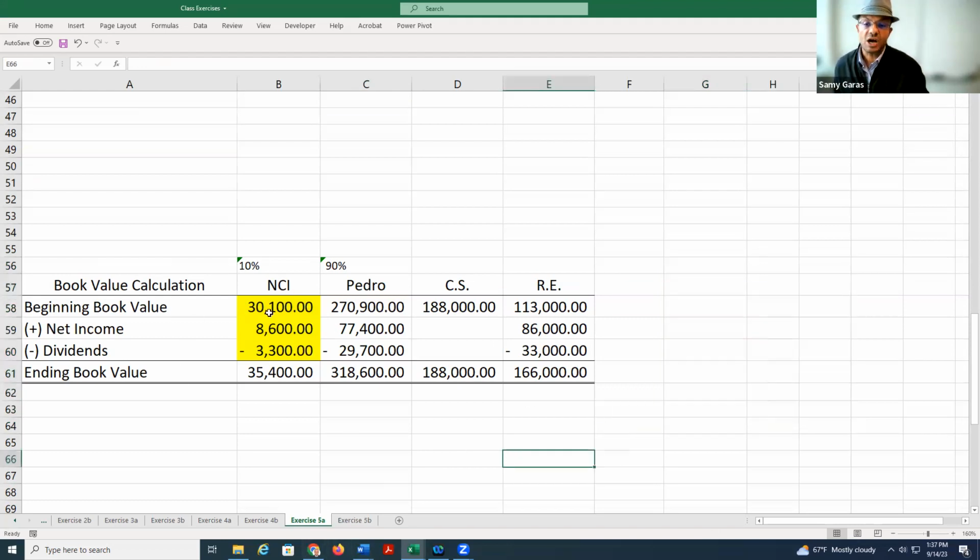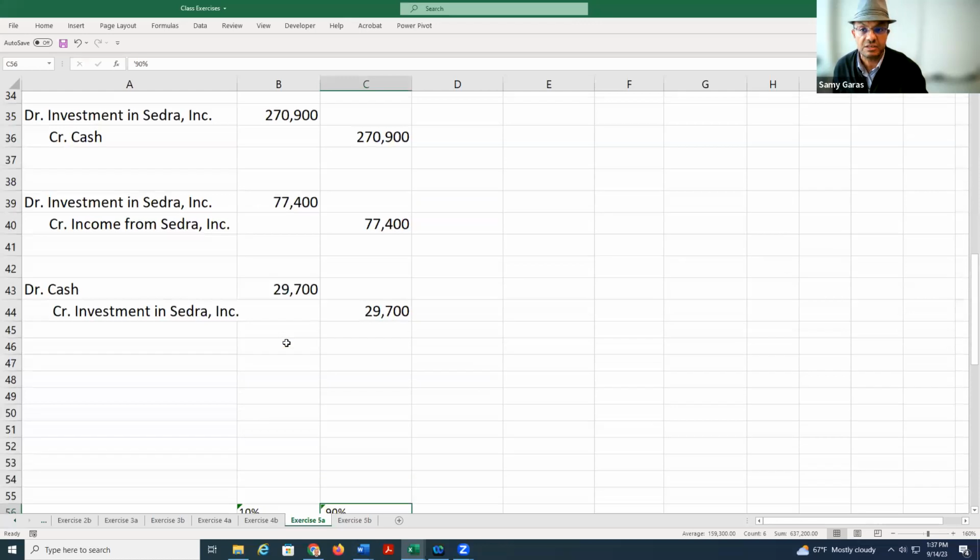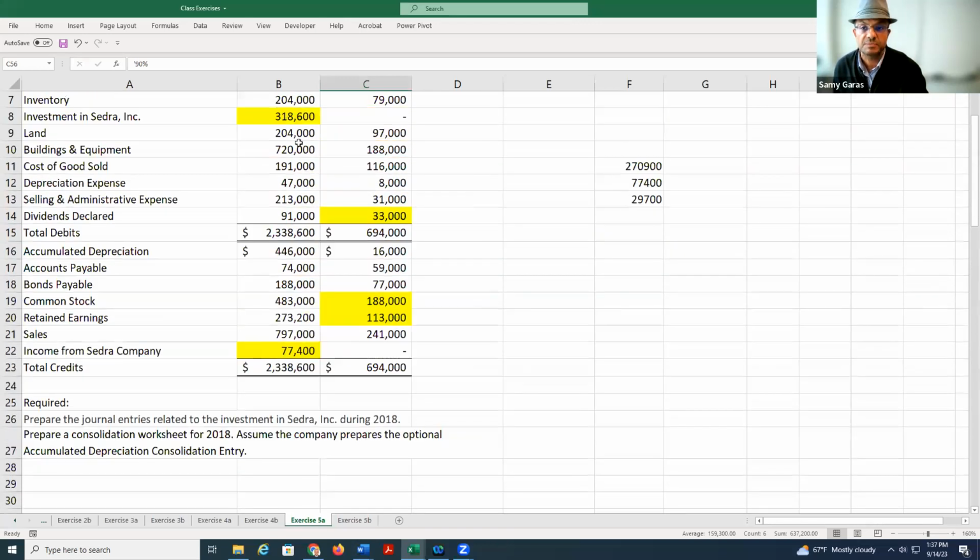So for the NCI final balance, 3,100 plus 8,600 minus 3,300 dividends, we get the ending balance 35,400. Pedro, we calculate the same thing as NCI, but we know that this final answer 318,600 is already given to us here. So this means that my calculation is correct.